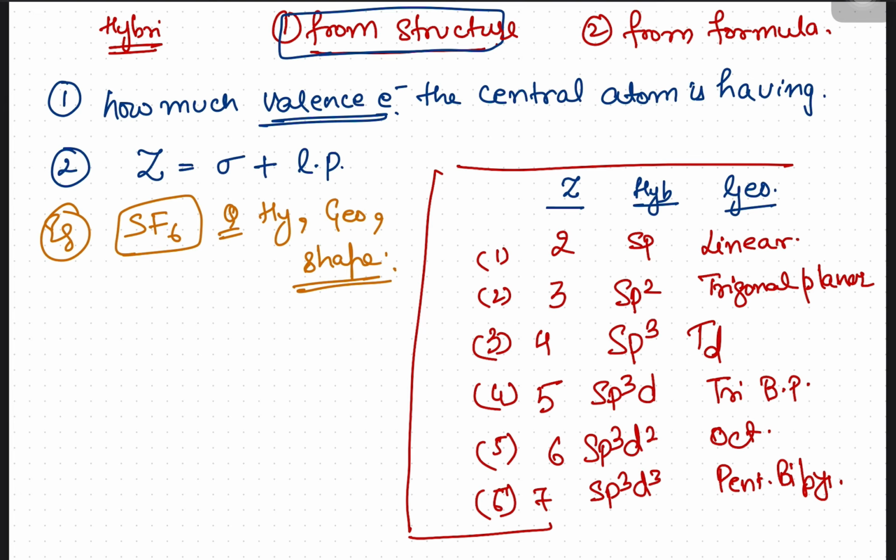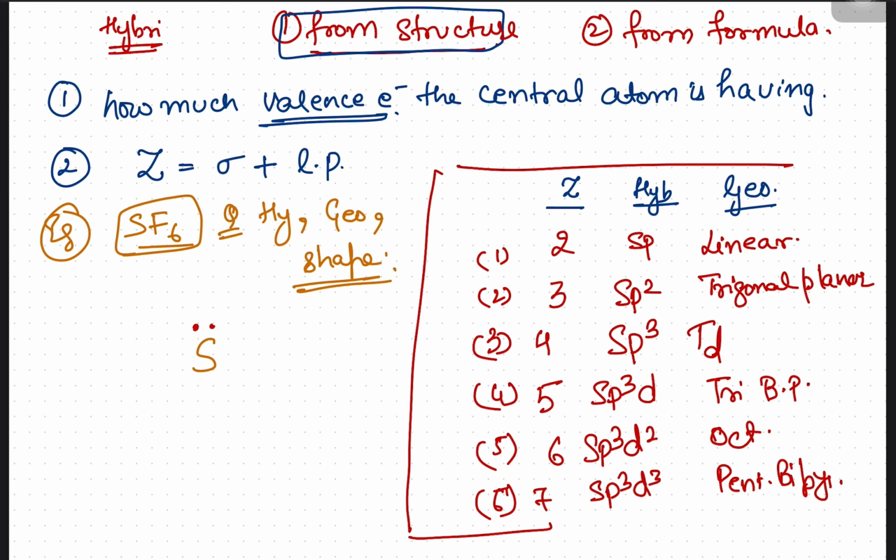Firstly, what is the central atom over here? It is S, that is sulfur. Sulfur is having 6 valence electrons, 1 2 3 4 5 6. And 6 fluorines are attached. We know fluorine makes a single bond, that is, it's a monovalent atom. So we'll attach 6 fluorines over here.